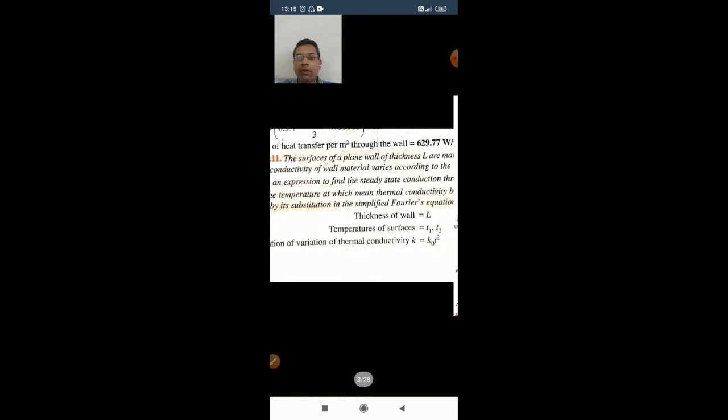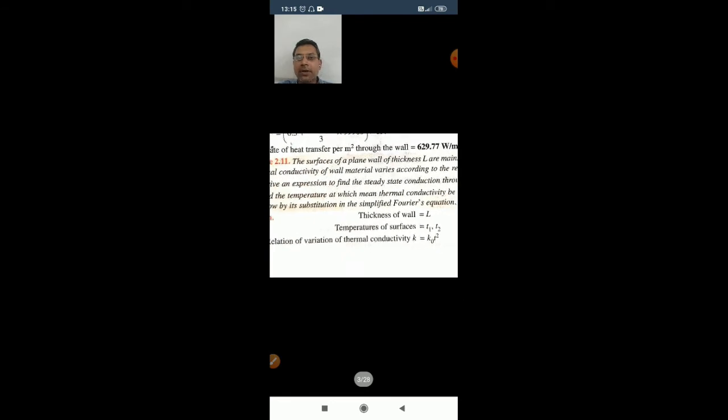It is written here that the surfaces of a plane wall of thickness L are maintained at temperatures T1 and T2. So a wall is there whose thickness L is given, and the surfaces of this wall are maintained at a temperature of T1 and T2.